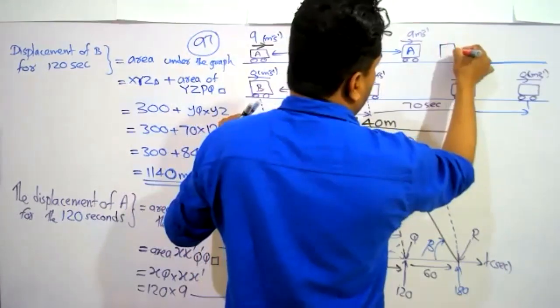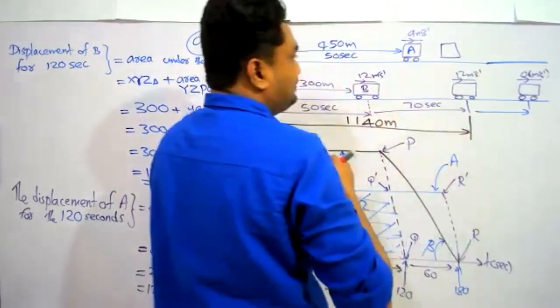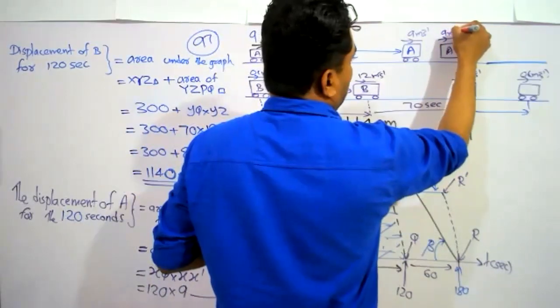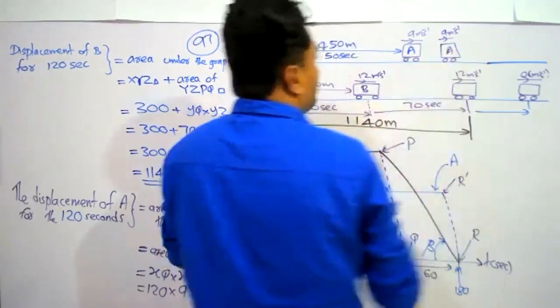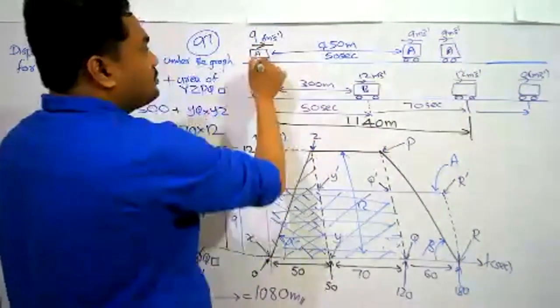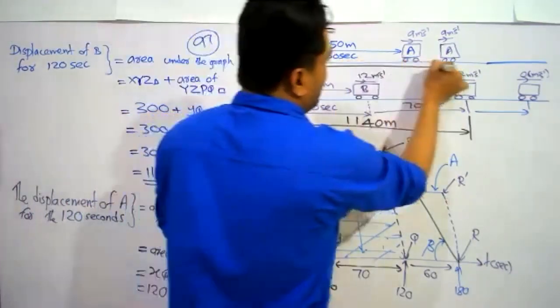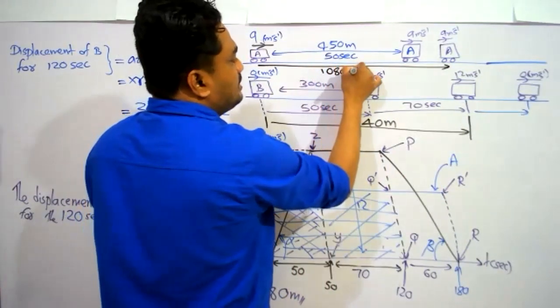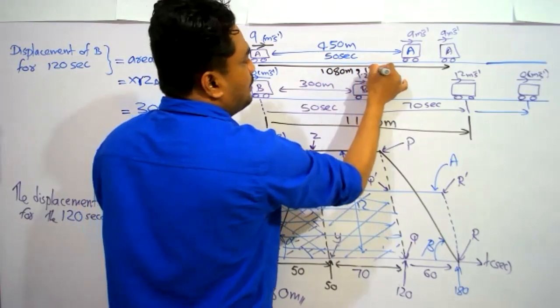Now A is behind B. A is somewhere here. It travels with the velocity of 9 meters per second, right? A has traveled a distance of 1080 meters in 120 seconds.